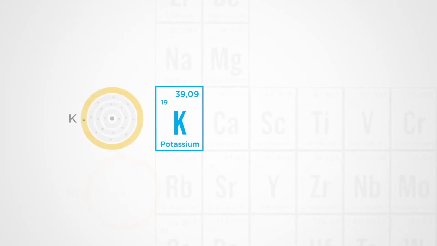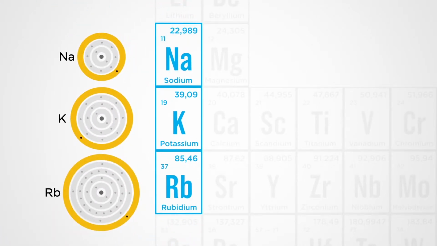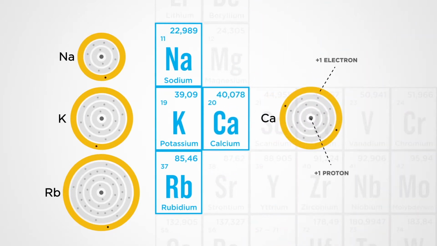That's why each chemical element in the periodic table has a very well-defined neighborhood. Above and below it has elements with the same distribution of electrons and very similar properties. And on its right, it has an element that has an electron and one proton more, and therefore has different properties.